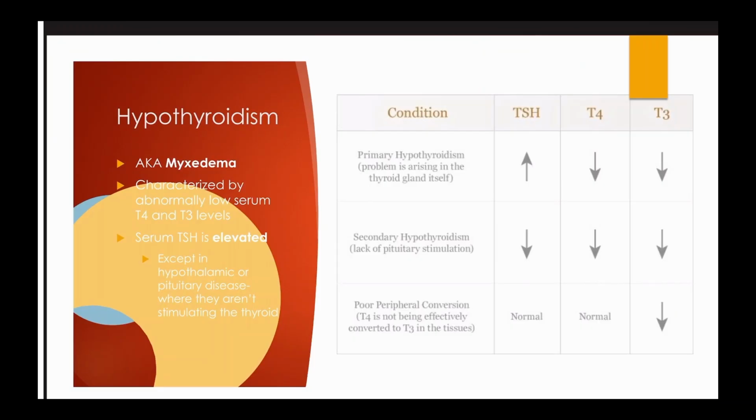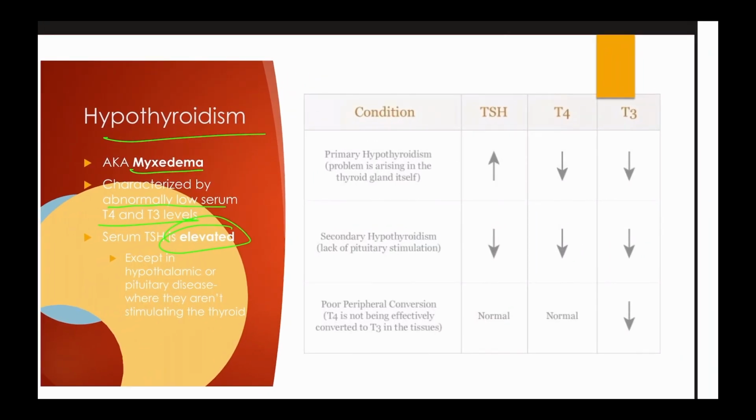Okay, so here's our hypothyroidism now, also known as myxedema, characterized by, again, abnormally low serum T4, T3 levels. Serum TSH is elevated in this case, trying to get that thyroid stimulated to do something. So let's look at this box on the side here.